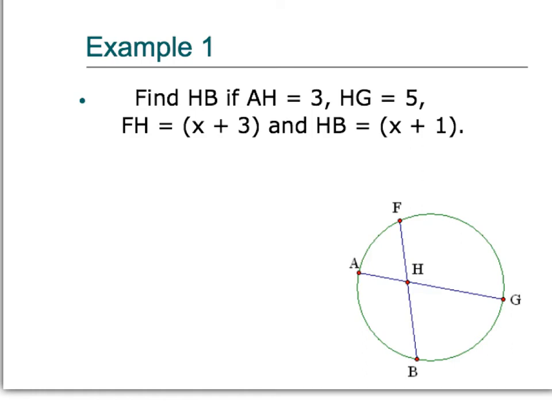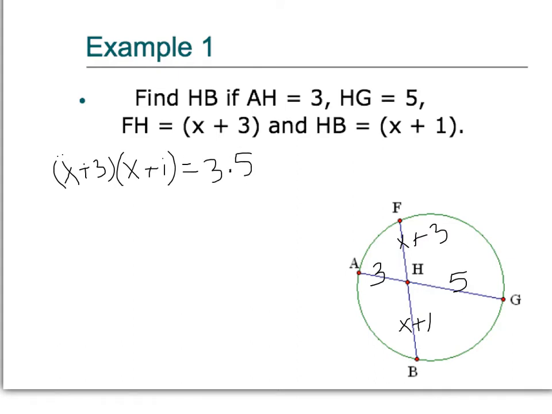It's saying find HB, given AH is 3, HG is 5, FH is x plus 3, and HB is x plus 1. Let's remember our power theorems now. I know that x plus 3 times the quantity x plus 1 must be equal to 3 times 5.